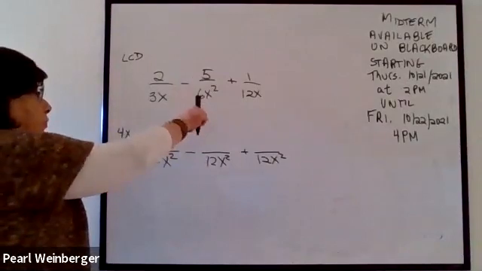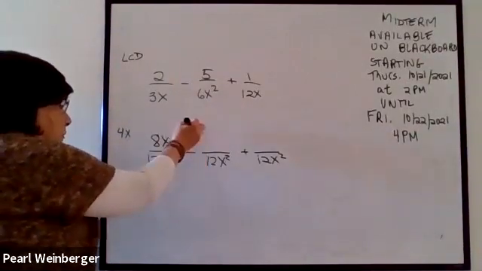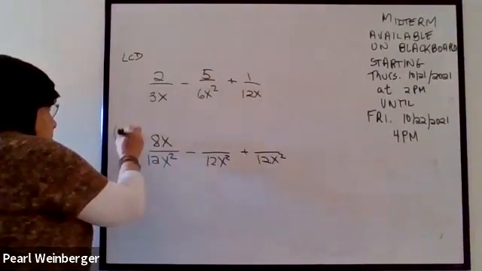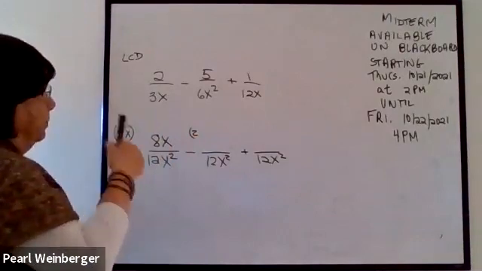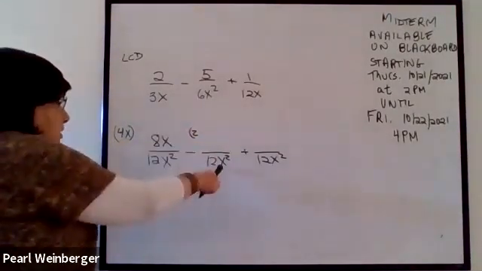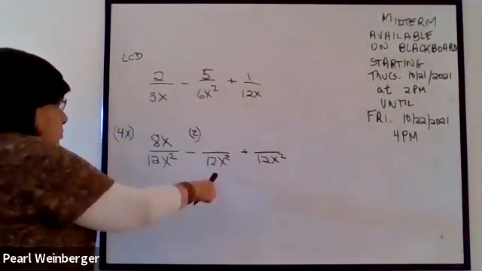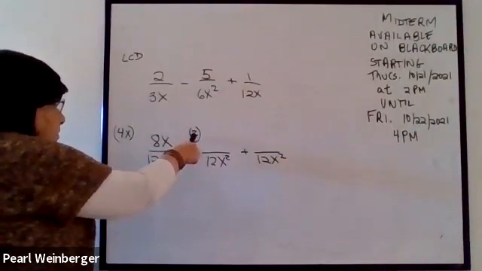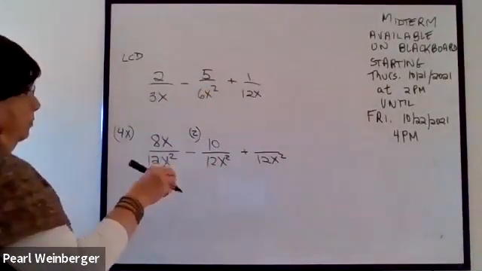Okay, go to your next fraction and do the same thing. So the 6 divides into the 12 giving me 2. The x squared into the x squared cancels out. In other words, 6x squared into 12x squared is 2, so I have to take the 2 and multiply by the 5, that gives me 10.